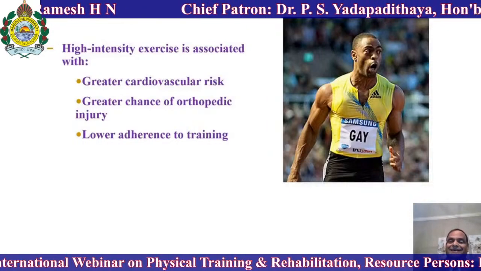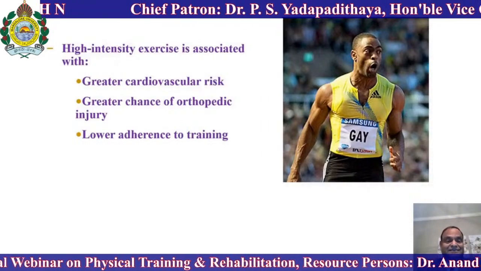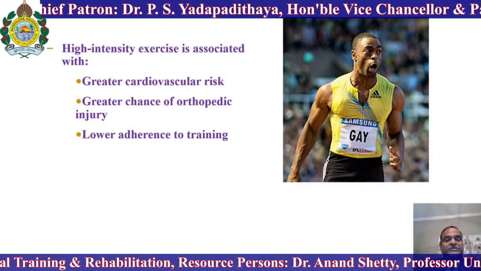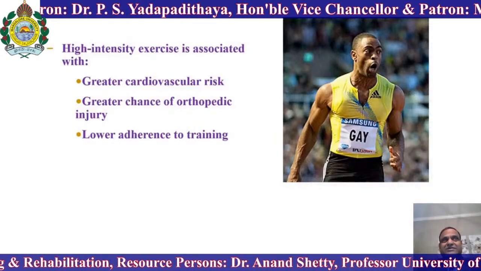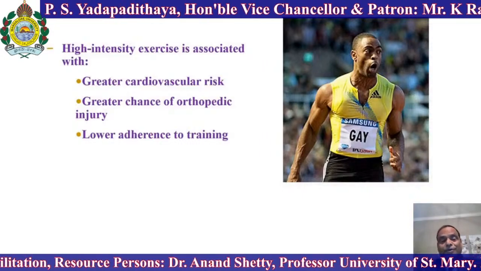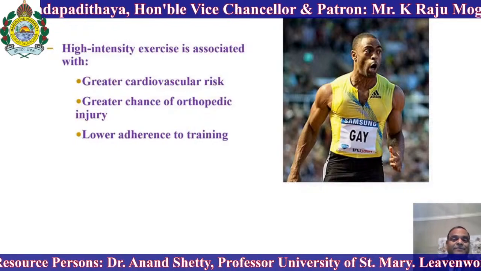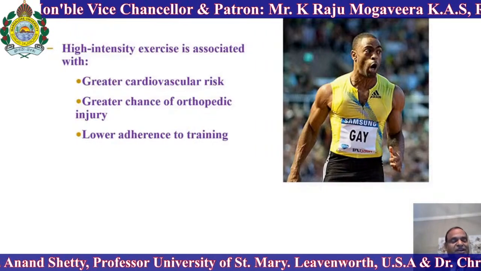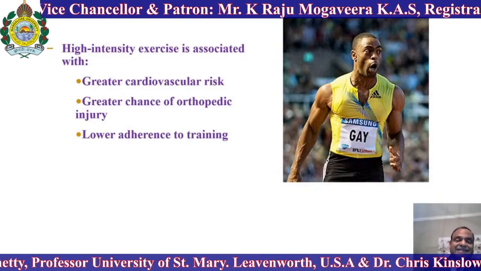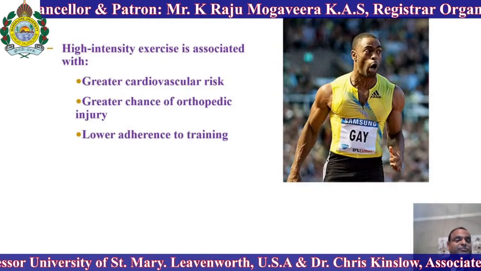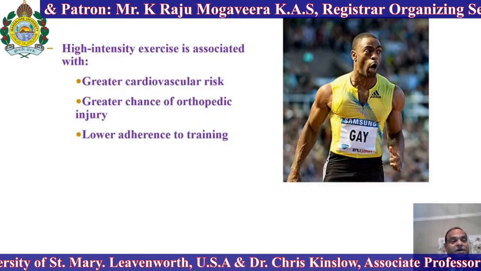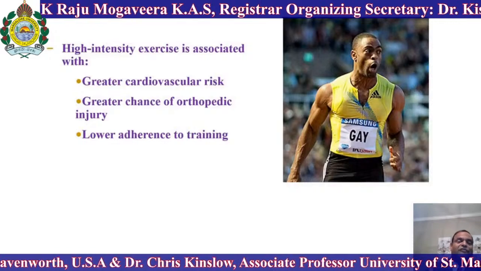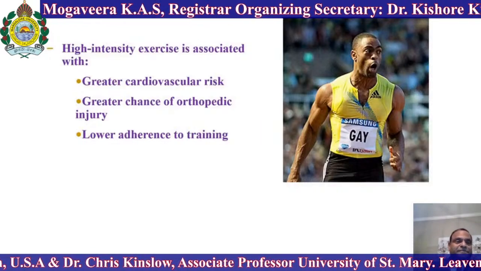When you are at a high level of intensity, you are likely to get some problems with the joints and muscle injuries, and also sometimes you may not recover from the energy you spent. So there's a possibility of lower adherence to training. You may not see that much with athletes, but you probably may end up seeing it with the general population who are involved in high intensity activities.